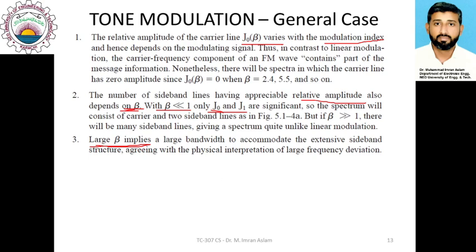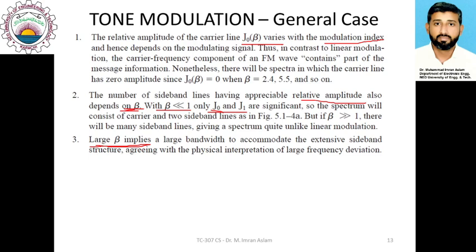So until now we have discussed some important representations related to the spectrum of the FM and PM signals. We tried to represent the spectrum of AM signal and PM and FM signals for the narrowband case as well as for the wideband case, but with the special condition of tone modulation. With that, we realize that the spectrum is dependent on the values of the Bessel function, which depends on the values of beta.